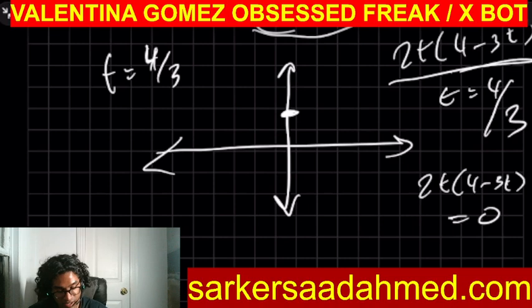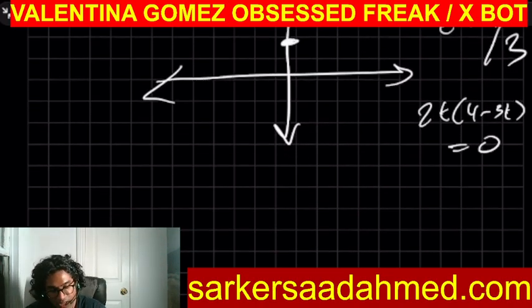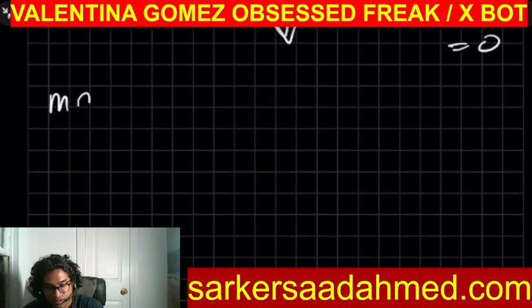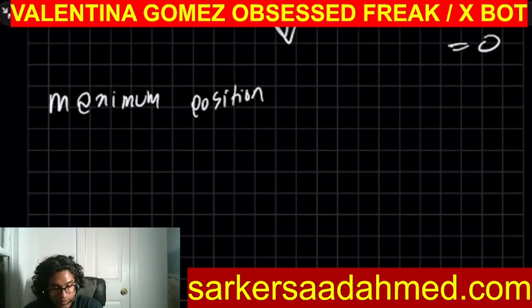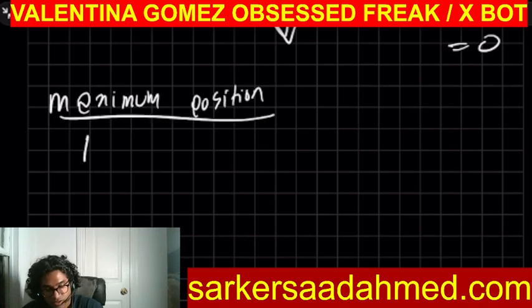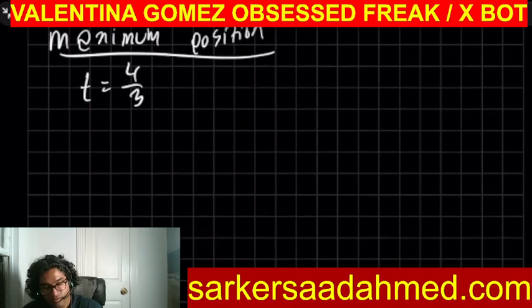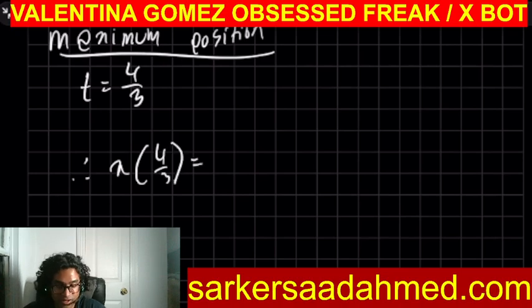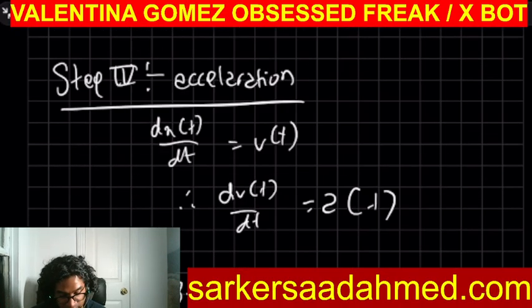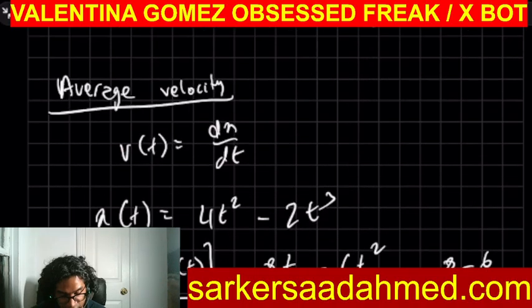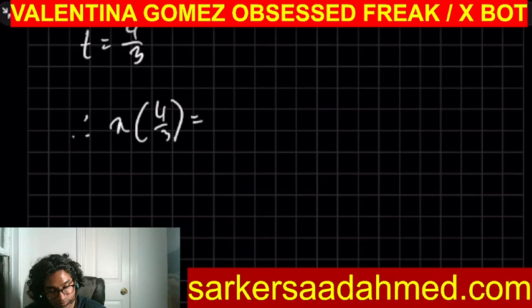Sorry, x equals 0, y equals 4, but you get the idea. X equals 4 by 3, y will be 0. So for my maximum position, at t equal to 4 by 3, I'm going to have x of 4 by 3 equal to, what was the equation? 4t square minus 2t cube.